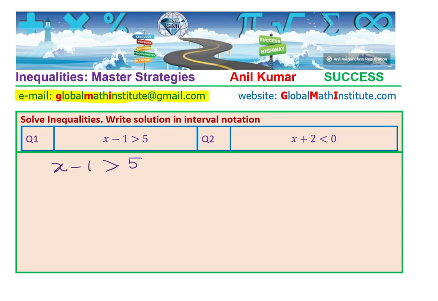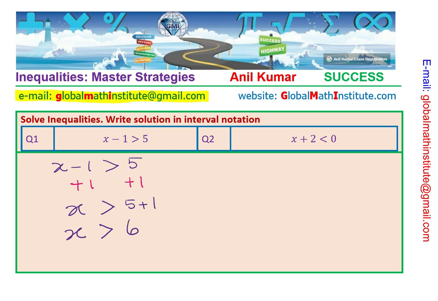In this case, we are going to add 1 on both sides. Minus 1 plus 1 becomes 0, and we are left with just x greater than 5 plus 1, which is 6. So we can write x is greater than 6 as a solution.